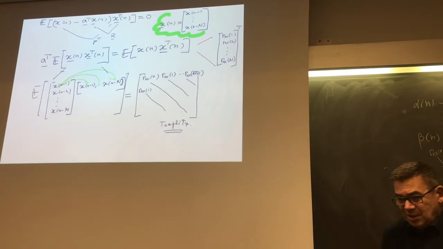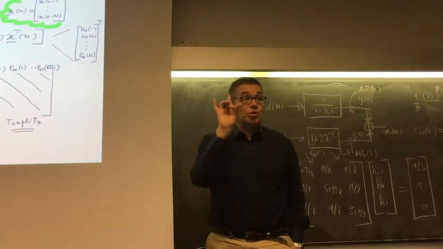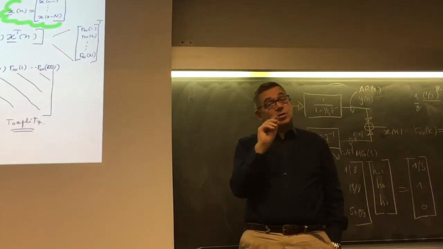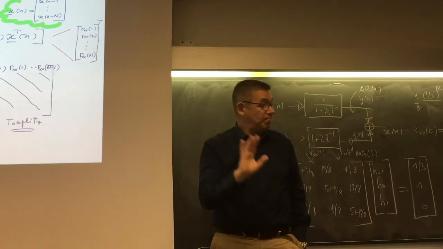That means that the property of this structure is general, because I'm making the linear predictor general.